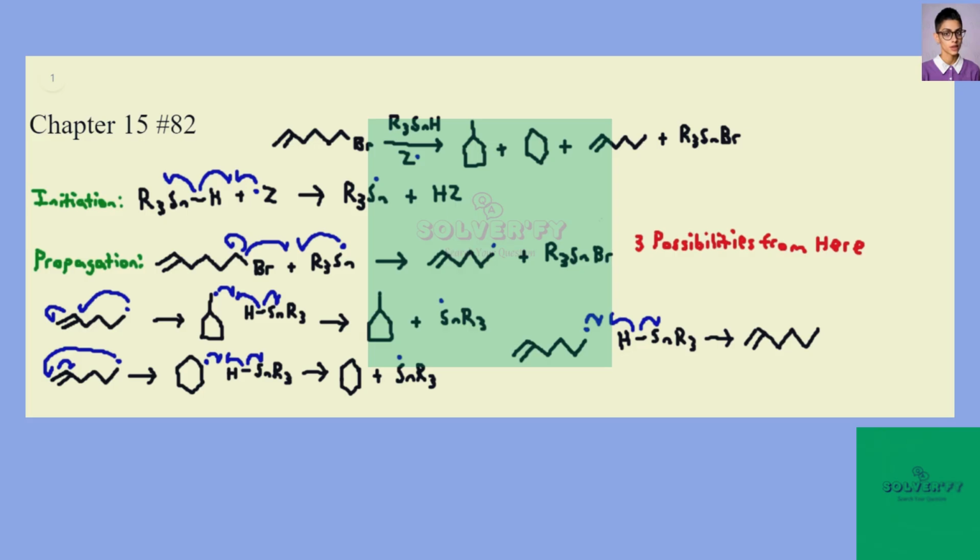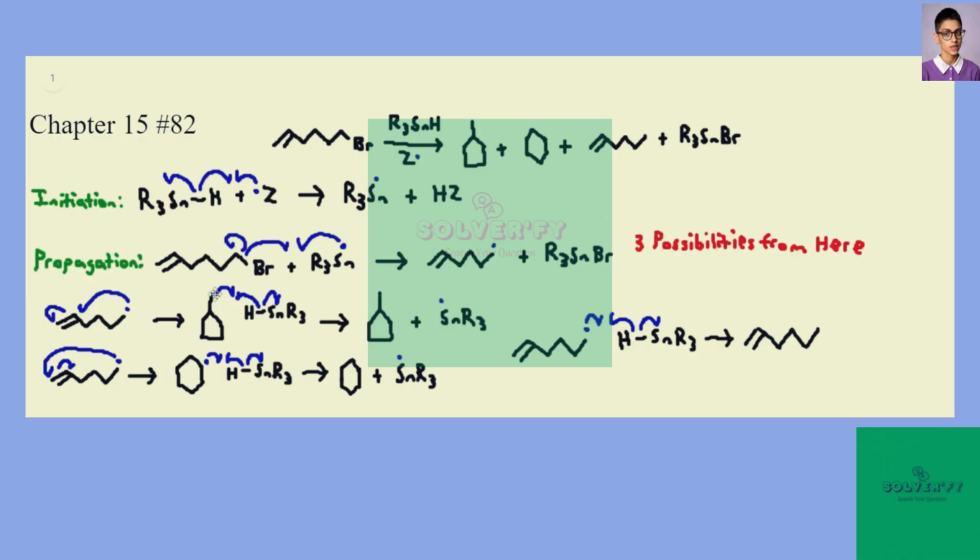There we are. Okay, so as I was saying, we have this free radical carbon species here, and we have our trialkyl tin bromide. And then this free radical species can do one of three things. So the free radical can attack the closer of the two carbons involved in the alkene, in which case you get a 5-membered ring with a methyl group.